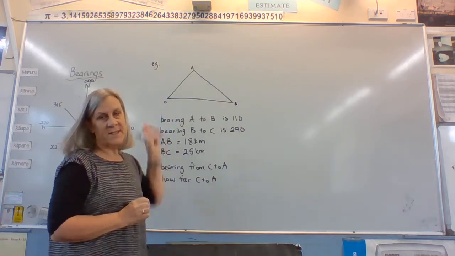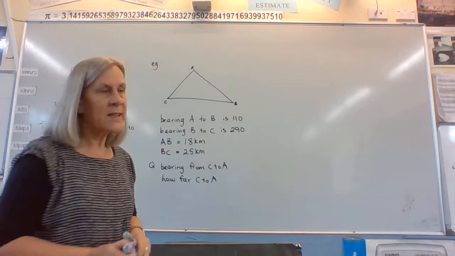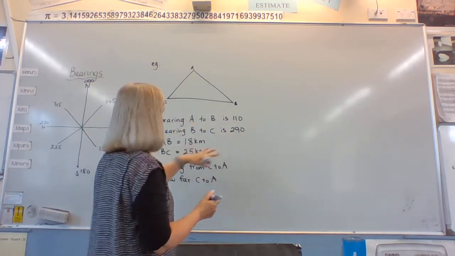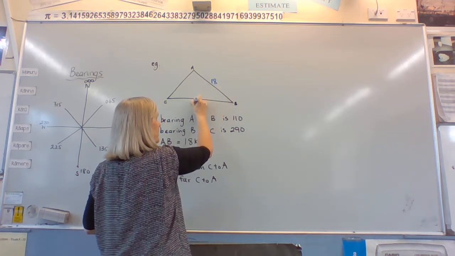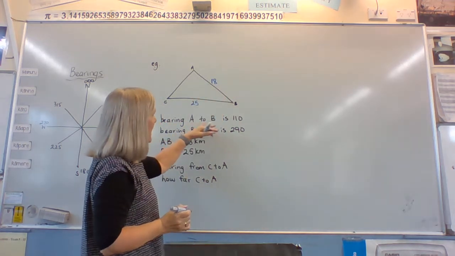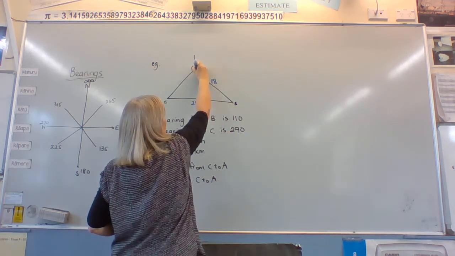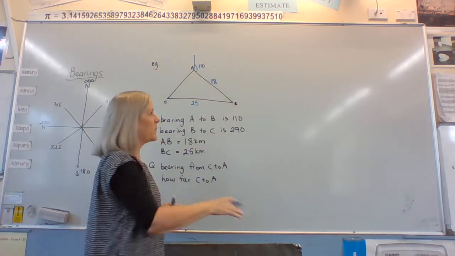What we need to do is start off with our diagram and put all the information we know on our diagram. Normally in the exam it will be on it in some form, but these parts might not be. So 18 here and 25 here. The bearing A to B is 110. That means this angle here is 110 from north around to where you're swimming.